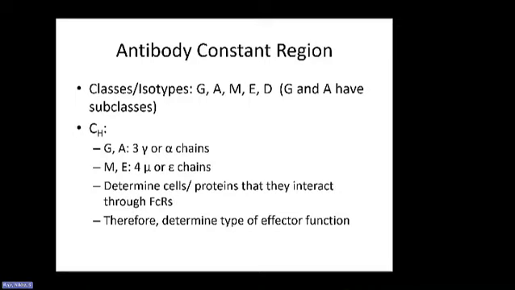Because if it's a mast cell and it's bound to Fc epsilon receptor, it can cause degranulation and histamine release, versus if it's an NK cell and it's a virus, it can cause antibody-dependent cytotoxicity. So all those effector functions are dependent on this constant region. So hope that makes sense why these classes are important, and how the constant region will determine what kind of cell it interacts with and what kind of effector function we get from the antibody.